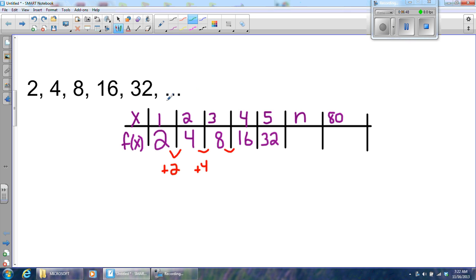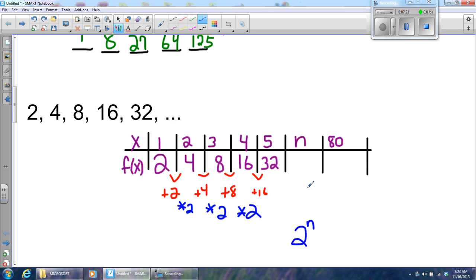Oops, erased too much there. What I do know is, check this out. Can't I turn 2 into 4 by multiplying by 2? And 4 into 8 by multiplying by 2? And multiplying by 2? So since my differences are all products of the same number, I'm going to take that number, 2, and I'm going to raise it to the power n.